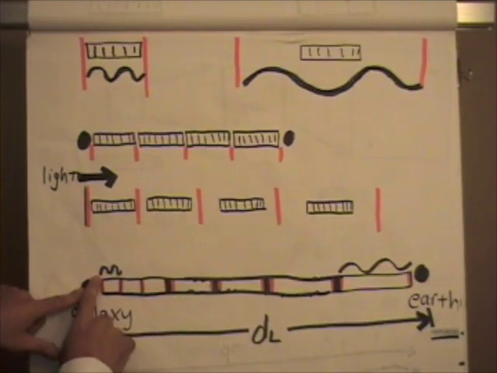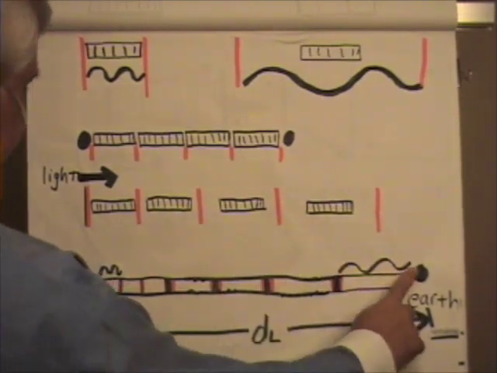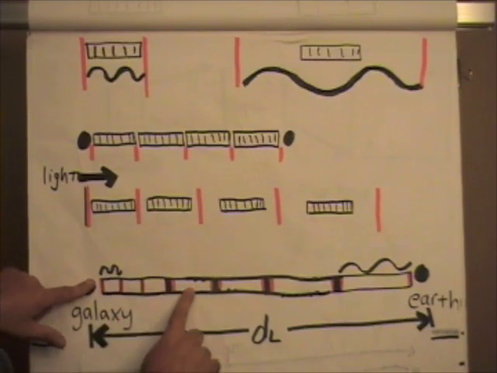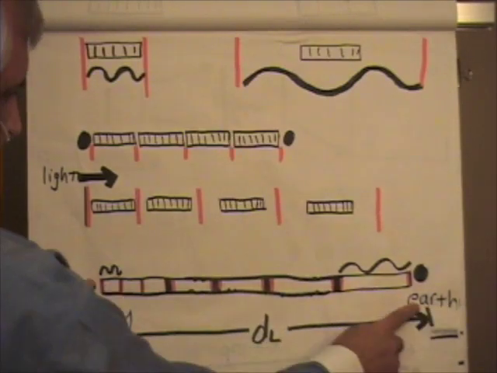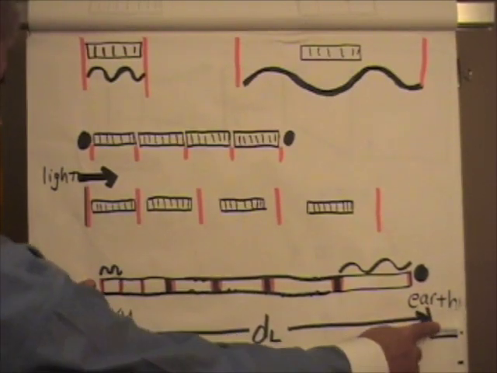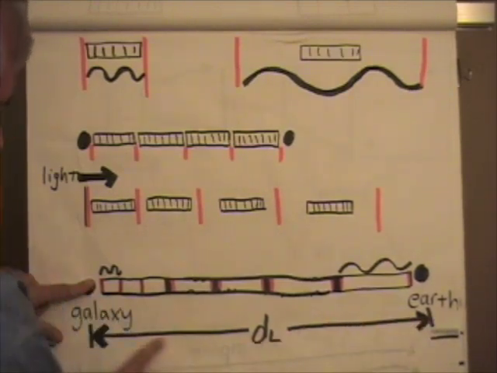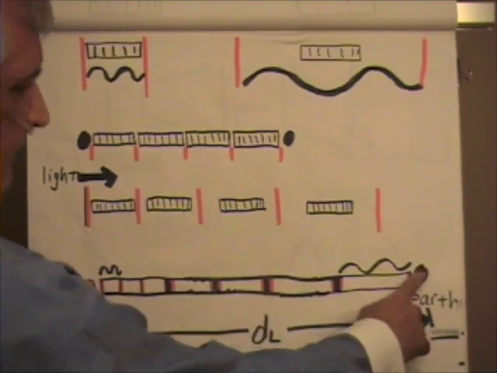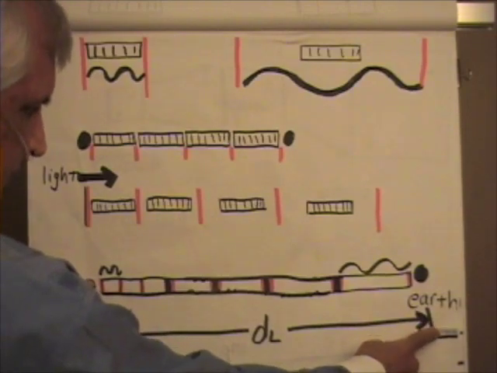Here's the photon packet when it left. Here's the photon packet when it arrived. Here's the sum of all the distances that it traveled through to get to the Earth. That's the distance dl, and that is the distance that astronomers and cosmologists measure when they calculate the distance that they observe of the light on Earth.